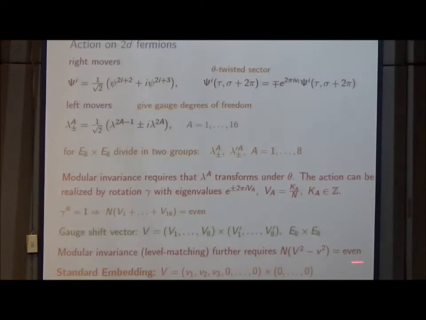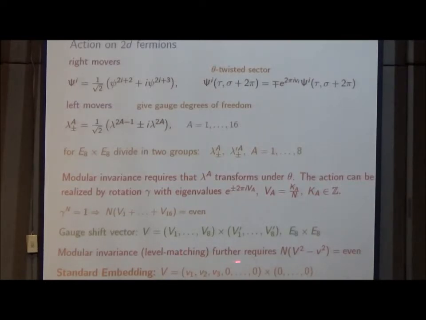This requires a condition: if I see this as a vector and this little v as a vector, then n times the difference of the squares has to be an integer. This comes from modular invariance or level matching, and I will say more.